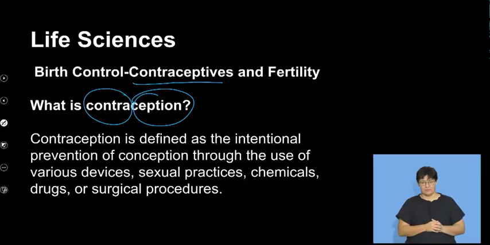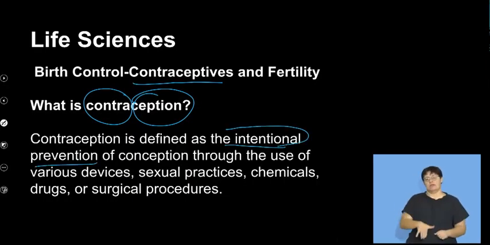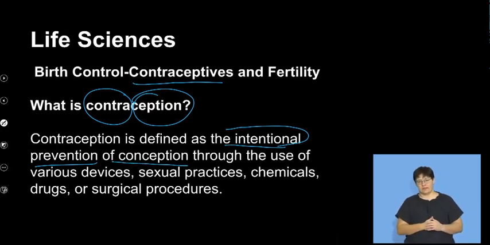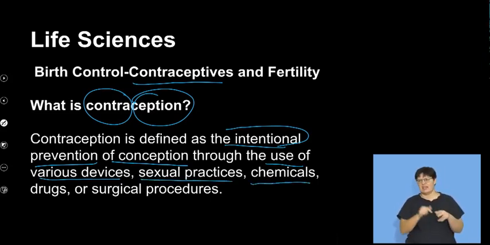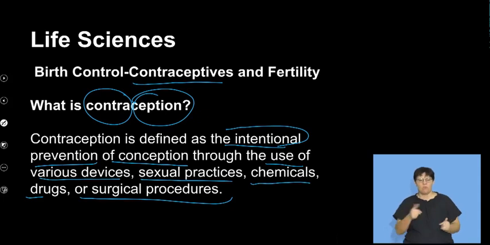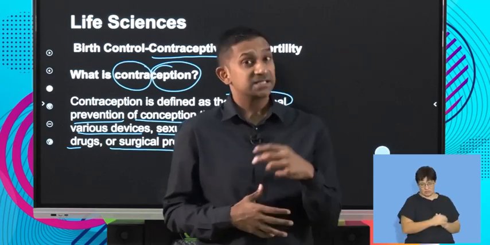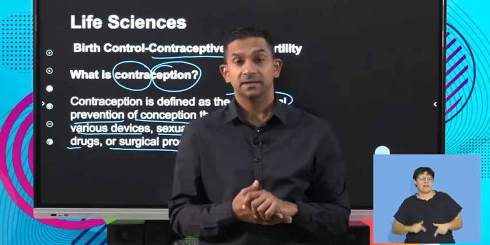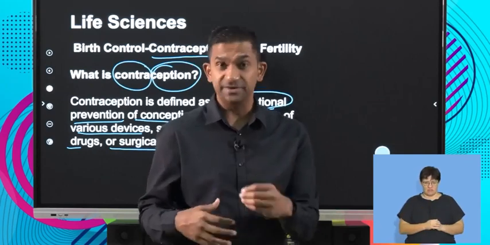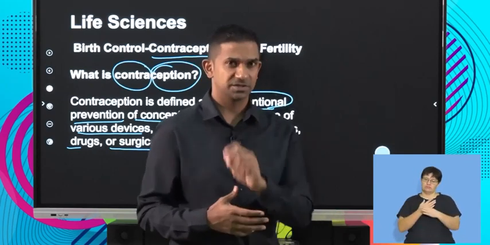Contraception is defined as the intentional prevention of conception. And this can occur through the use of various devices, sexual practices, as well as chemicals, drugs, or even surgical procedures. So there's a host of different methods that we can choose, depending on individuals, depending on their time of life. We might decide and choose different methods of contraception.